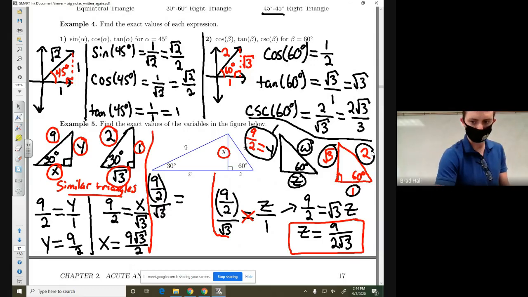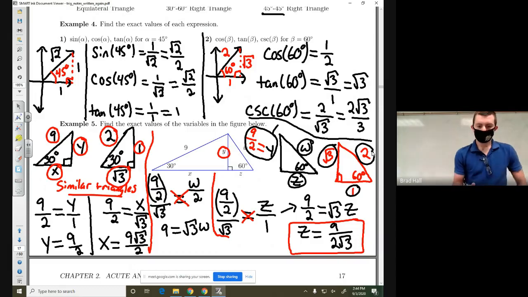That ratio is going to be equal to w relating to 2. Luckily, 9/2 times 2, the 2's cancel out, which is why there's only a 9 there.